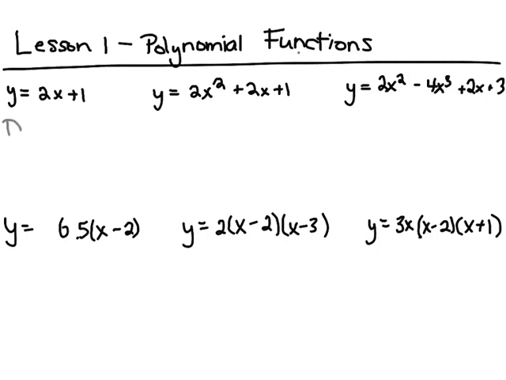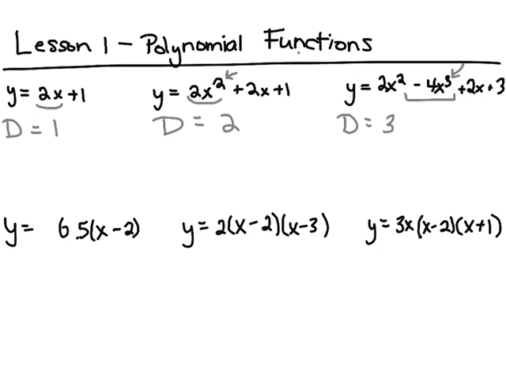For the first one, our highest x value is 2 to the power of x, so the degree is 1. For the second one, 2x squared is our highest value, so our degree is 2. The exponent is 2. For the third one, our highest degree is 4x to the power of 3. It doesn't have to be in order. So the degree for this one, because this is to the power of 3, is 3.